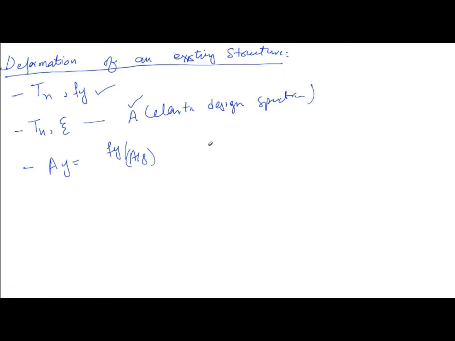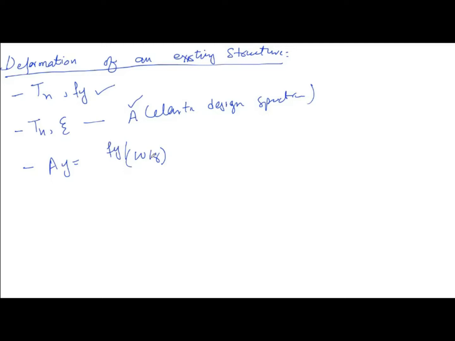So let me write here. It's just like the way the base shear coefficient is obtained. So you know the yield strength of the system, divide that by the weight over g, you can obtain Ay.